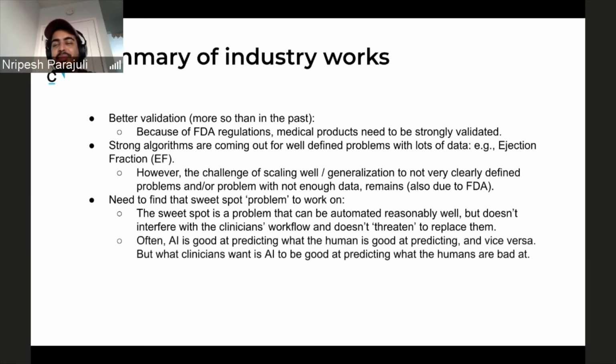But the paradox a little bit is that AI is oftentimes good at what humans are also good at, right? Because you need good data to produce good AI-based results, and good data means the humans are producing this good data.